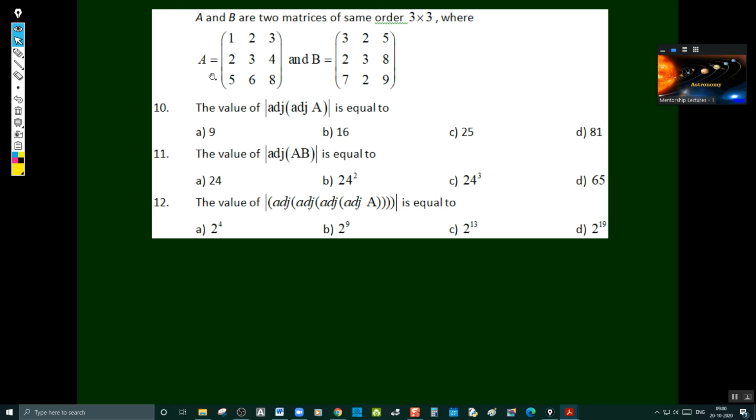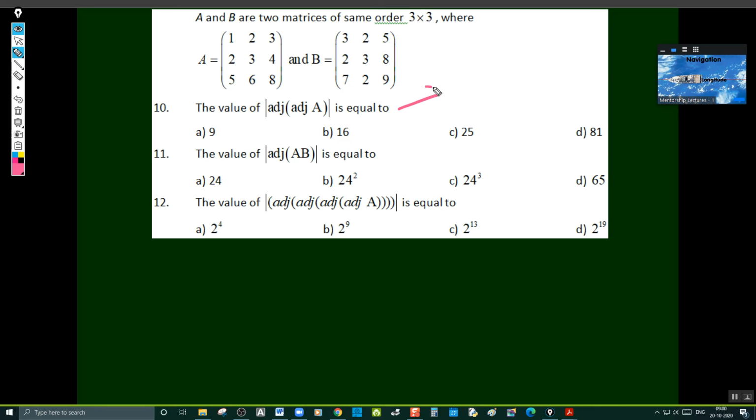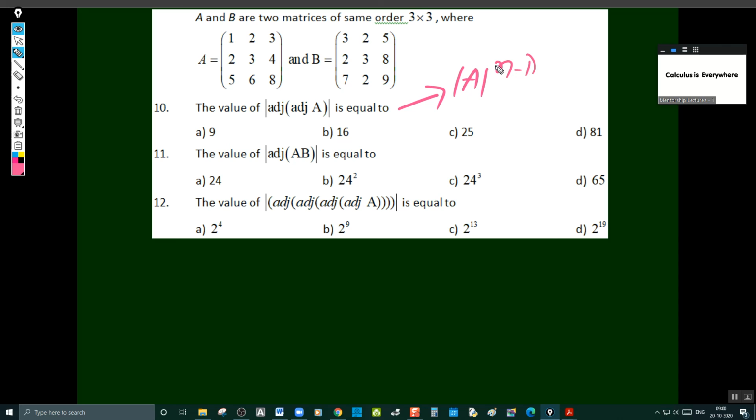This is simple only. I don't want to give you more explanation for this one because it is totally formula based. So what I'm doing is determinant of adjoint of adjoint. What is determinant of adjoint of adjoint? Respond please. Determinant is to the n minus 1 the whole square.